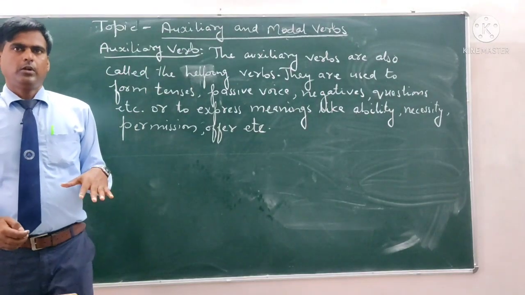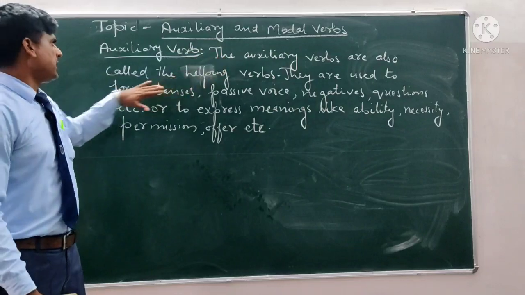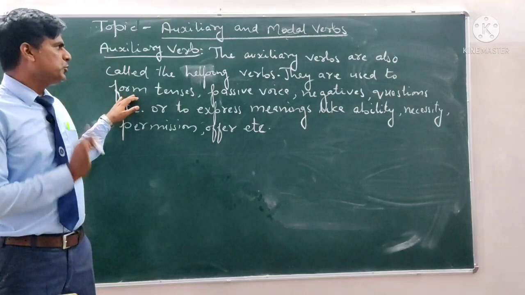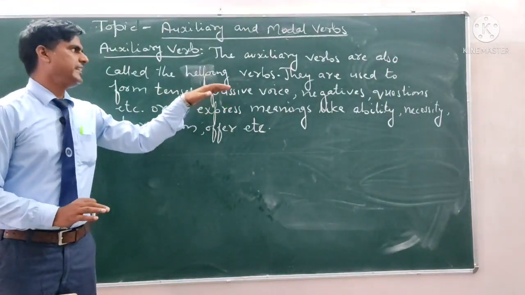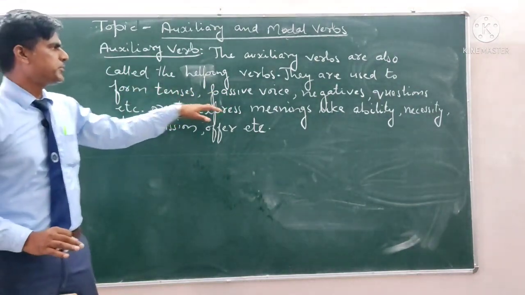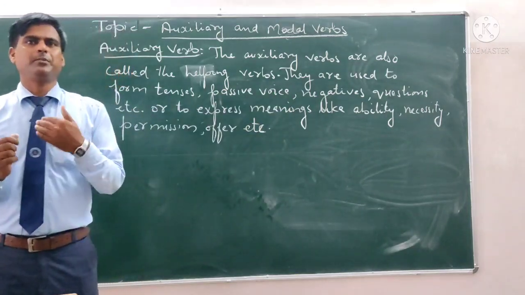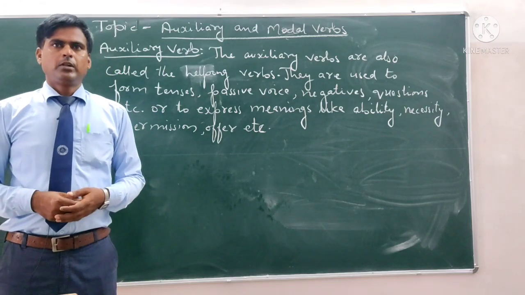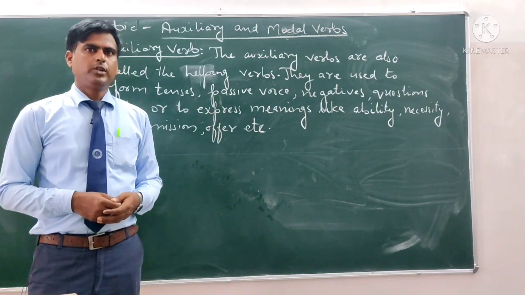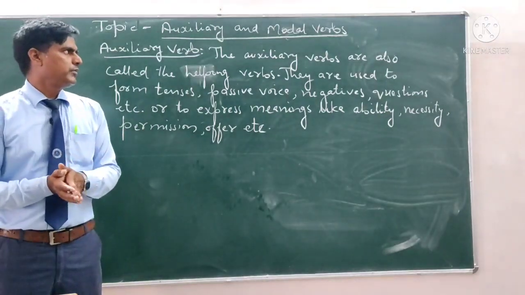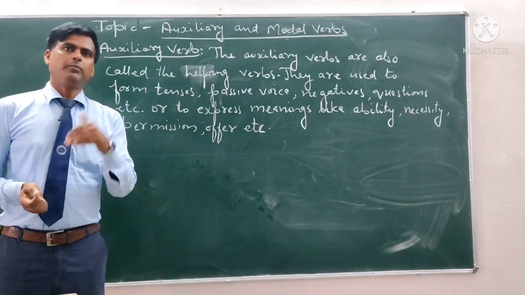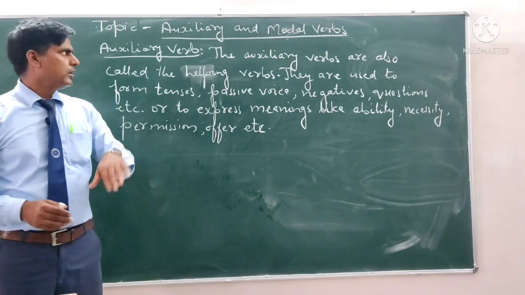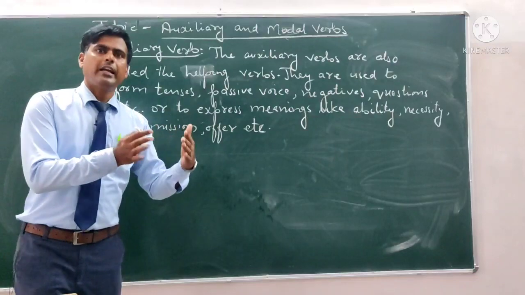So we can say that the auxiliary verbs are also called the helping verbs. They are used to form tenses, passive voice, negatives, questions, or to express meanings like ability, necessity, permission, obligation, offer, etc. So the verbs that are used with the main verbs to form the tenses, voice, etc. are called the helping verbs, the auxiliary verbs.